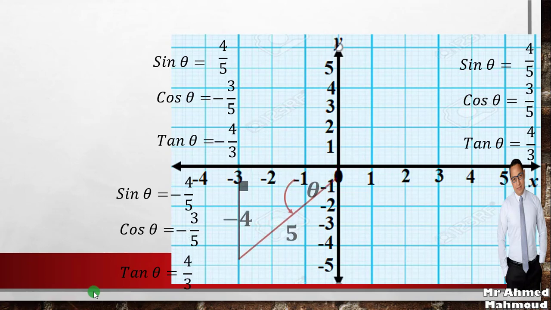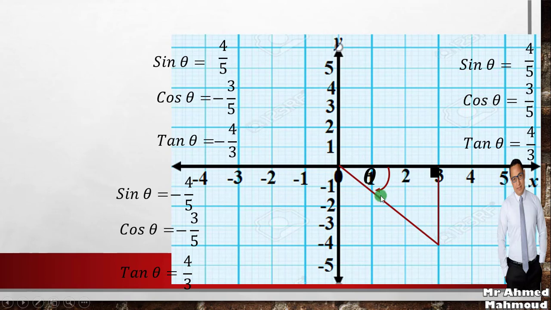Okay, in the fourth quadrant, theta belongs here, and we draw the right-angle triangle as we see. Here the base equals +3 and the height equals -4. Why -4? Because it is in the negative direction of the y-axis.